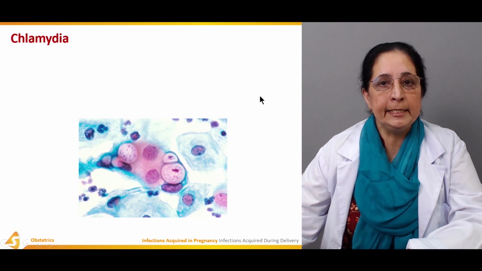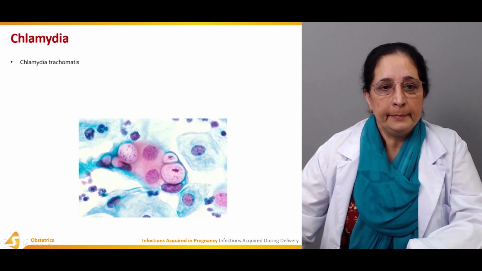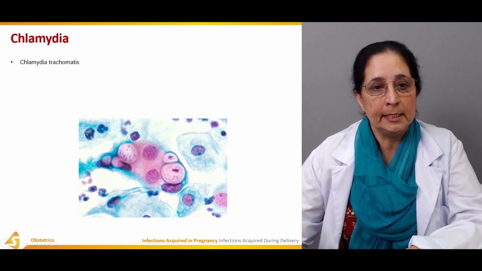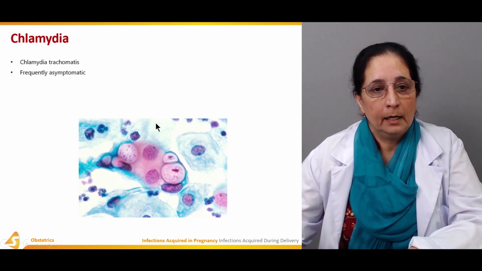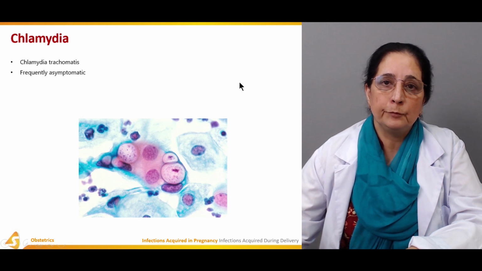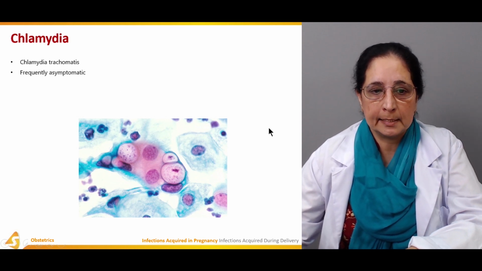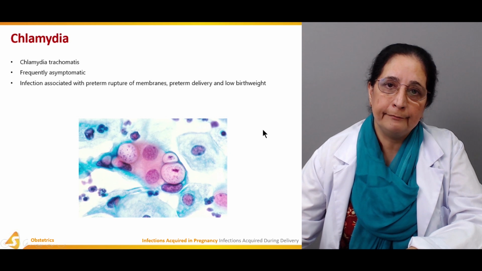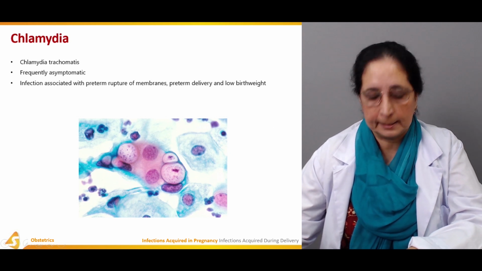Next is the chlamydia infection. Chlamydia trachomatis is the causative agent for chlamydia infection. Frequently it's asymptomatic, no symptoms are present. The infection is associated with preterm rupture of membrane, preterm delivery and low birth weight.